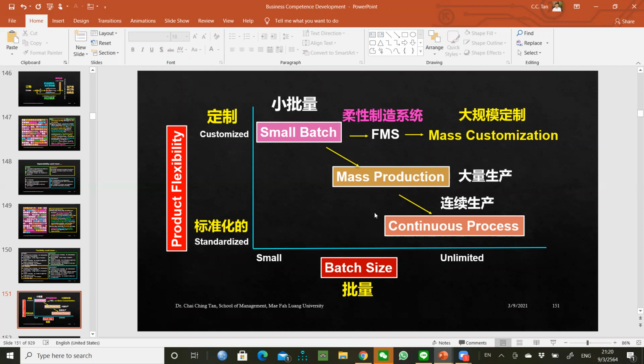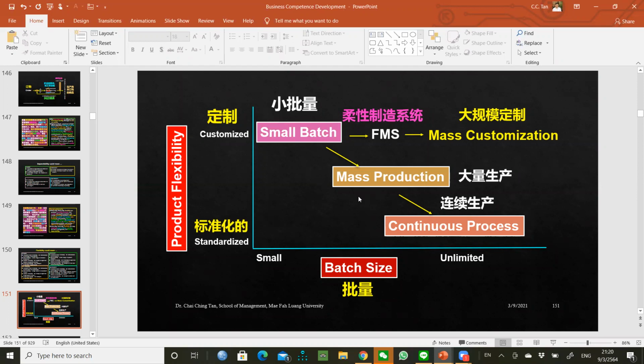But if you are into a huge batch, continuous processes, for instance, of delivering steel productions or fiberboard productions, then we're talking about continuous process from one end to another end, and standardization would be your way of product flexibility.